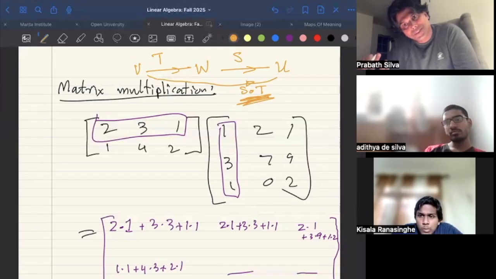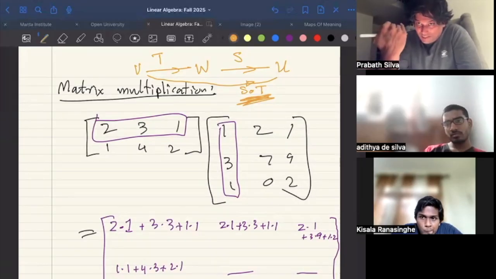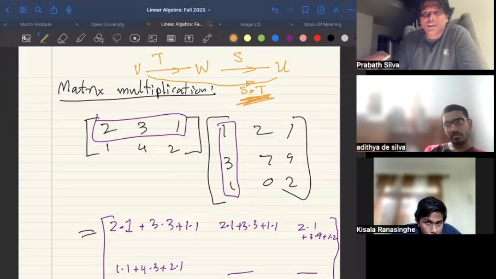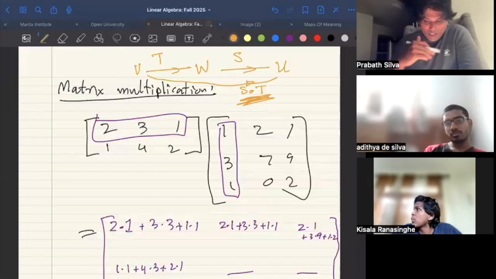I don't know what it means. Probably it means there are reasons underneath that justify why matrices should be multiplied this way. Okay, probably that's deeper than this one, more fundamental.